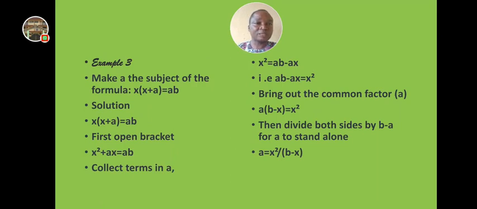So bringing out a, we have a in bracket b minus x, close bracket, equal to x squared. Then you divide both sides by b minus x, for a to stand alone. When you do that, you're going to have a equal to x squared all over b minus x as our final answer.